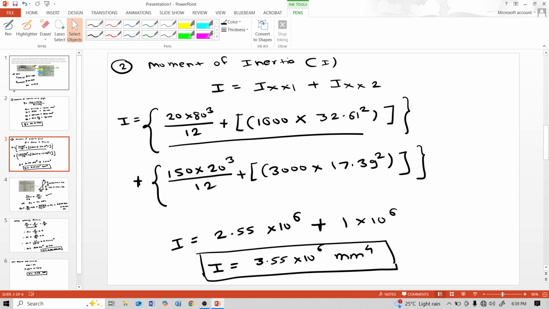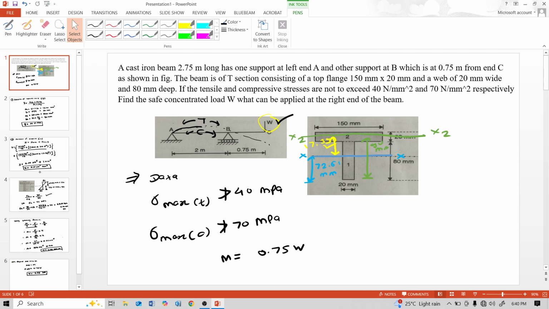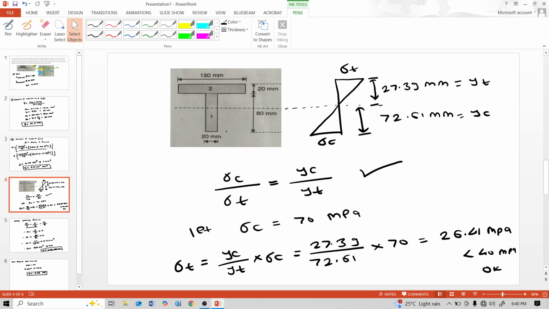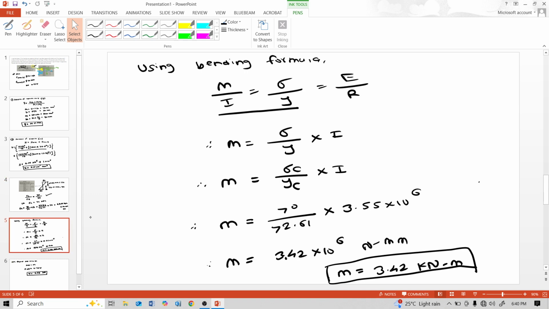The moment of inertia is 3.55 into 10 raised to 6 mm raised to 4. The tensile stress comes to 26.41 MPa, and it is less than the maximum tensile stress. That means this is okay. And the moment of resistance is 3.42 kilonewton meter.